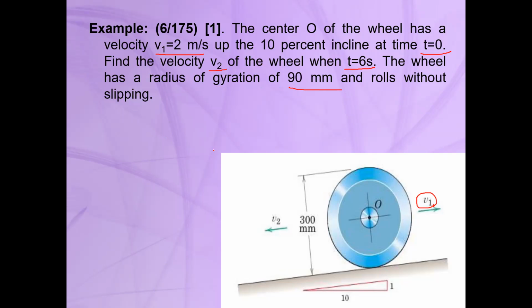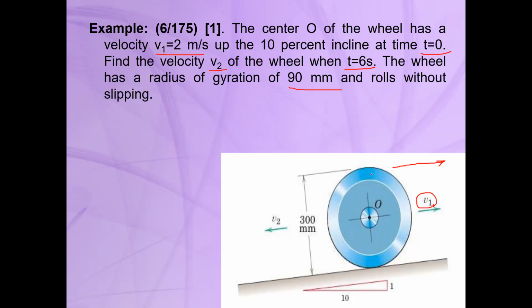We can solve this problem using Newton's second law. If we want to use Newton's second law, we need to write the force equation in the x direction. For example, if we assume this is the x direction, we can obtain the acceleration according to the direction of the motion and the direction of the weight.